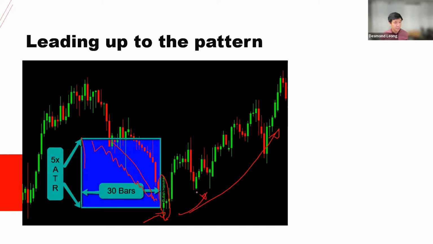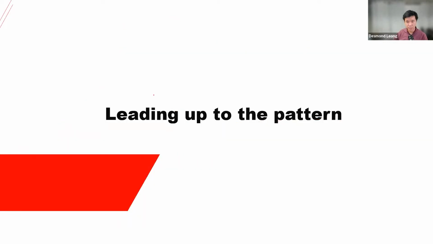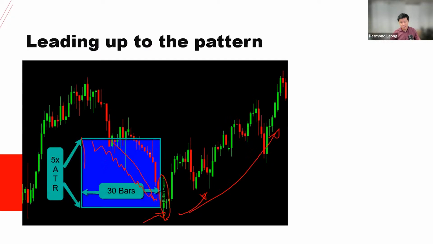Okay, why a sizable downtrend? Let me explain that next. So I'm going to come back to here. I'm going to erase, and I'm going to explain a concept to you. Okay, now, why is ATR, why do you need to measure the size of the downtrend? Why can't I just say, like in this example, I have 3 bars before it that are higher than the hammer, and that forms a downtrend, right?